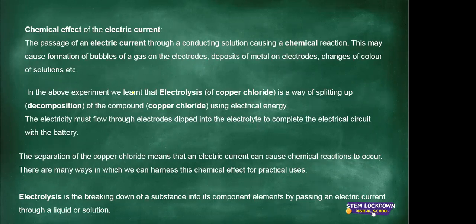So the result is basically the formation of bubbles of a gas, which is on one electrode, and then you get deposits of metals on another electrode. And how we see the chemical reaction occurring, remember I told you you use your 5 senses to check the chemical reaction. The change of color in the solution shows you that a chemical reaction has occurred.